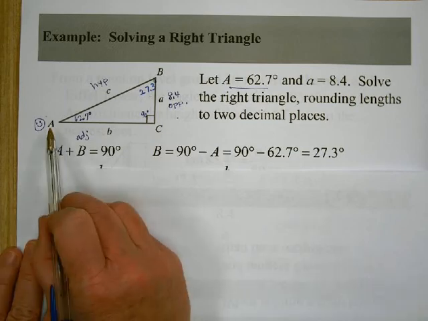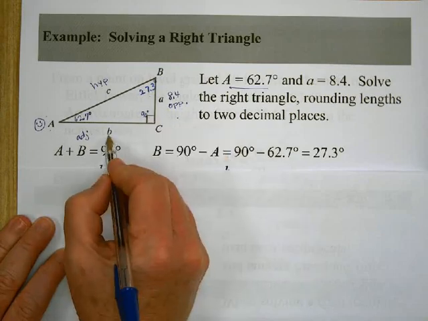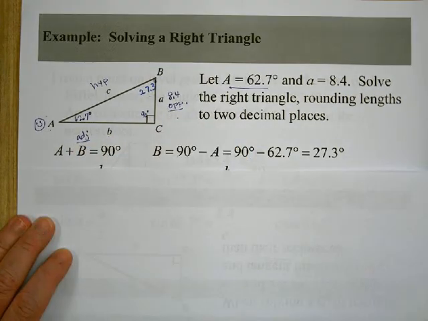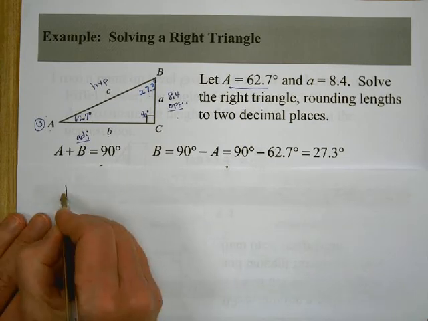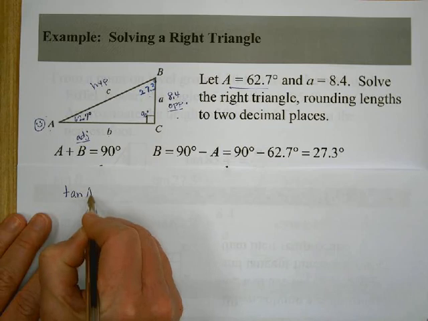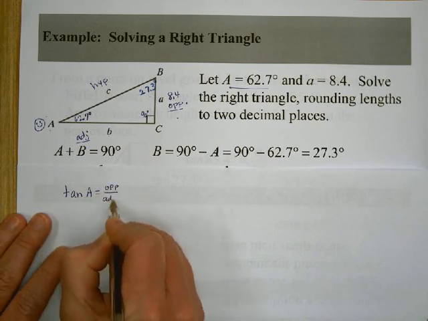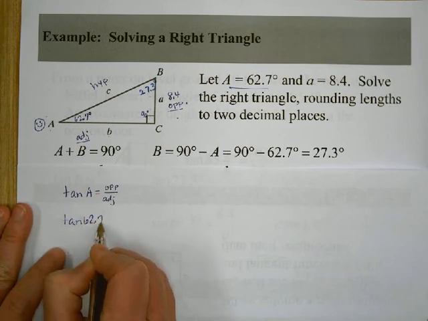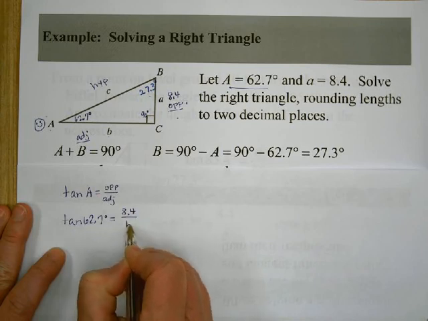Now, if I'm situated at angle A and I want to find side b, I'm using the opposite and the adjacent, and that tells me that I need the tangent function. The tangent of angle A is equal to the opposite over the adjacent. Well, the tangent of 62.7 degrees is equal to 8.4 over b.